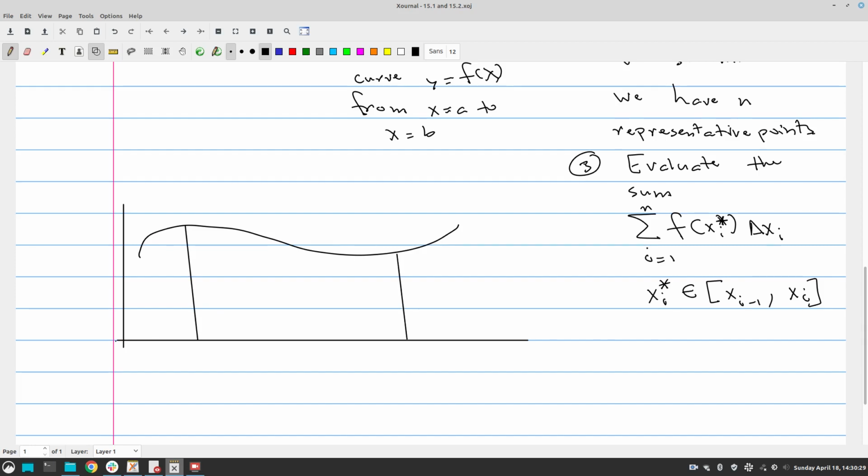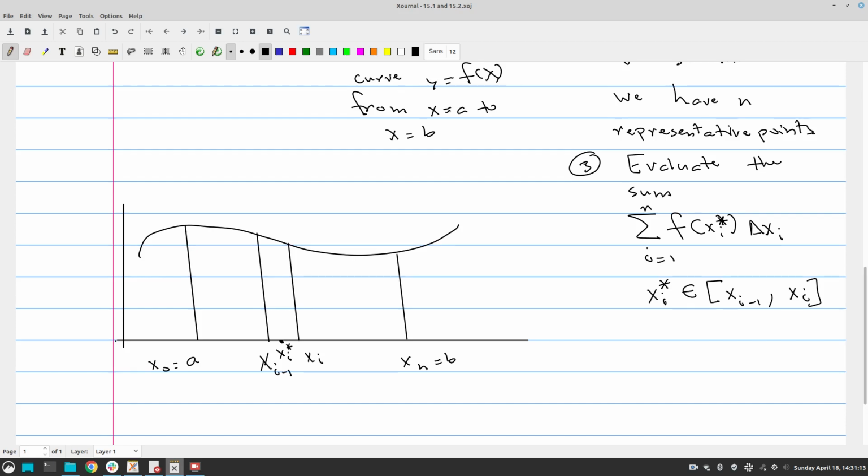Sorry for the crooked line. So this is x0 equals a, and x equals b. Let's take the ith subinterval. Let this be x(i minus 1), and this be xi, and your xi star is somewhere here.